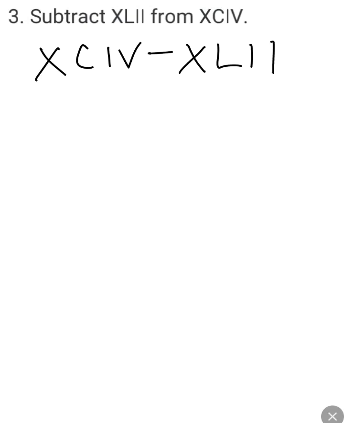So we now convert each. Now I'm having X and it's appearing before C, which is bigger. That means the X is not on its own. Instead, it's going to be merged with the C as a debit to it. And so it will be 100 minus 10, which is 90. Then the next, I'm having I before V, and the I is a smaller numeral compared to V. And so the I is not independent.